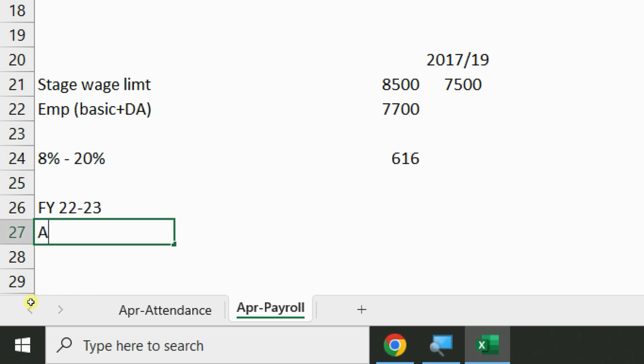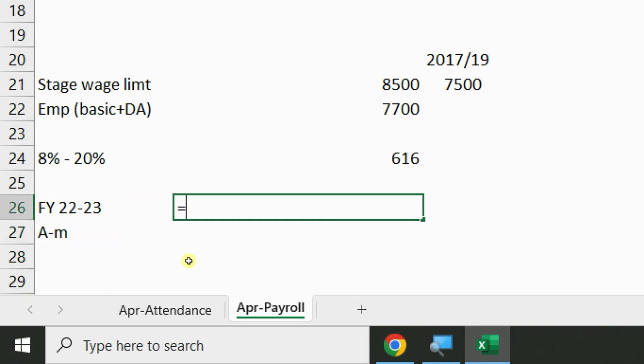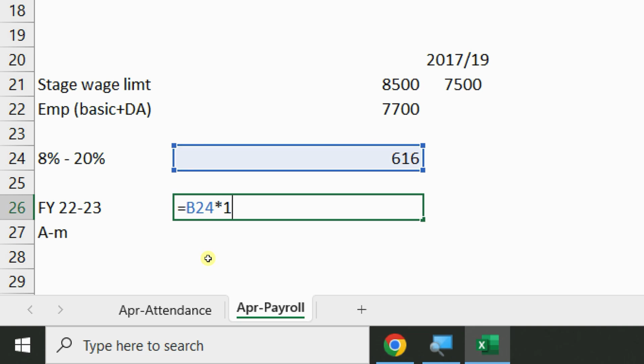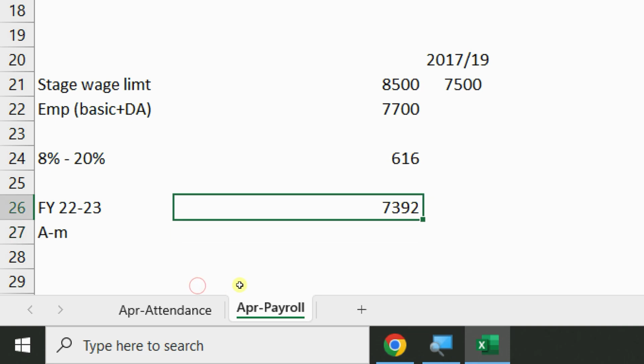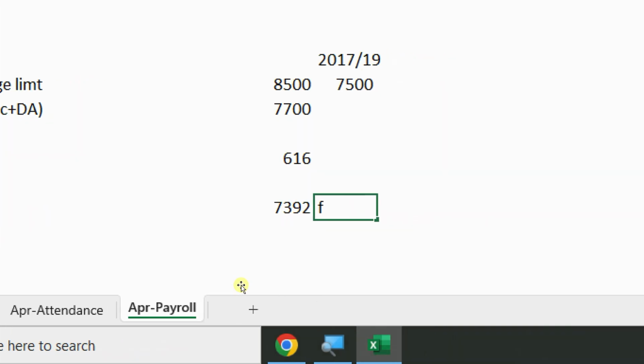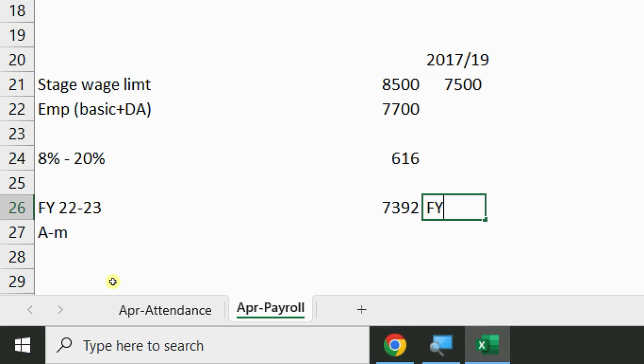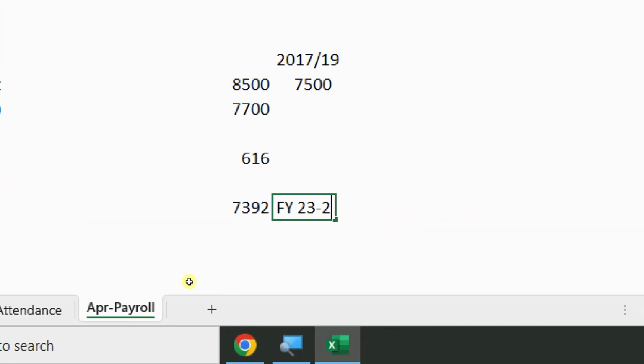During the financial year, April to March, how many months? 12 months. The accumulated bonus every month is 616, likewise for 12 months. What is the total bonus calculated? This bonus will be given to the employees during financial year 23-24.